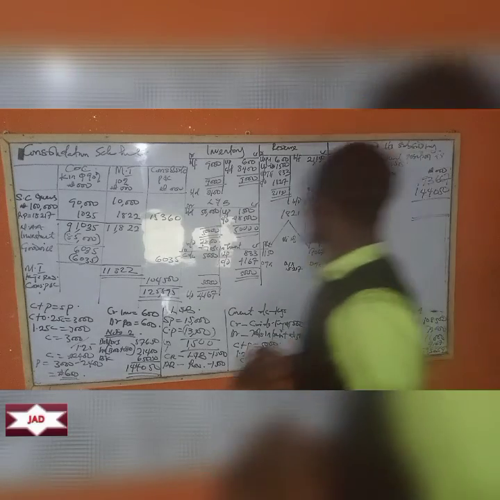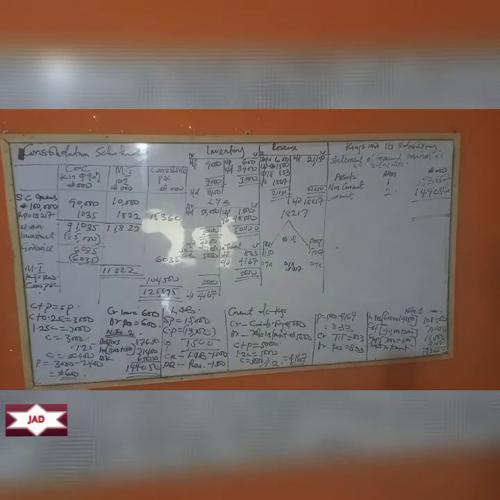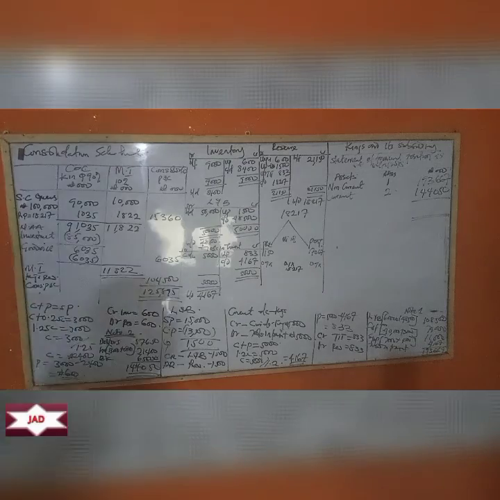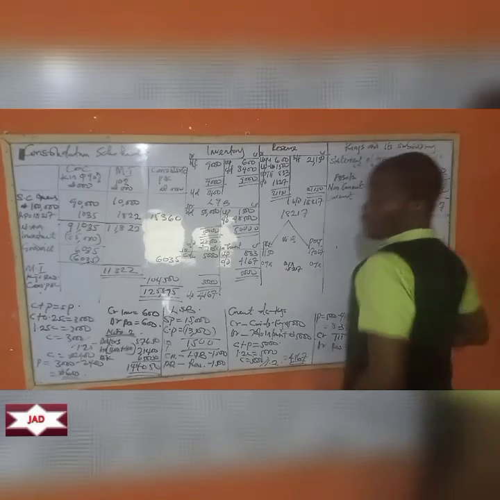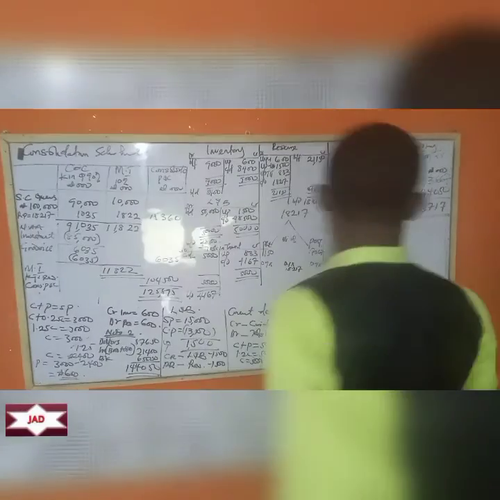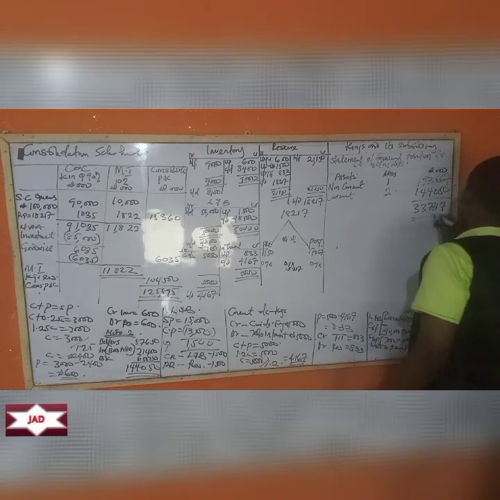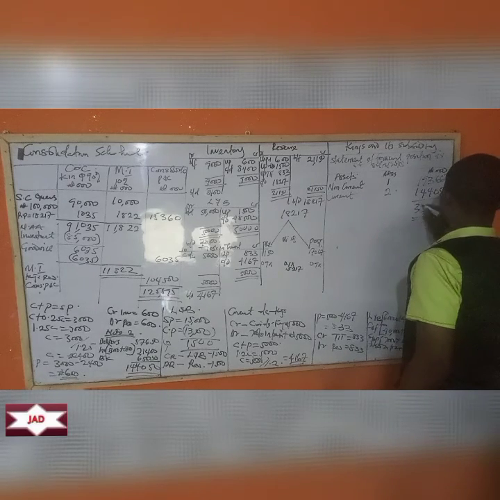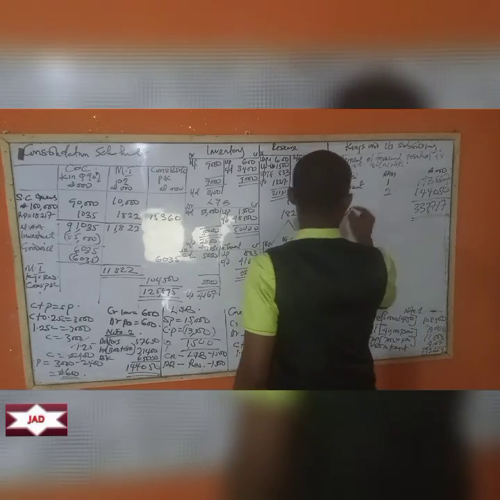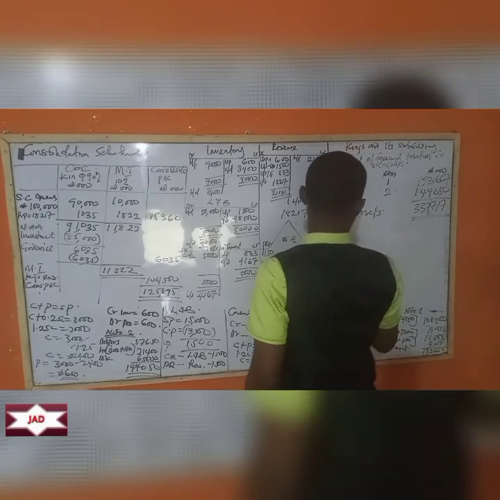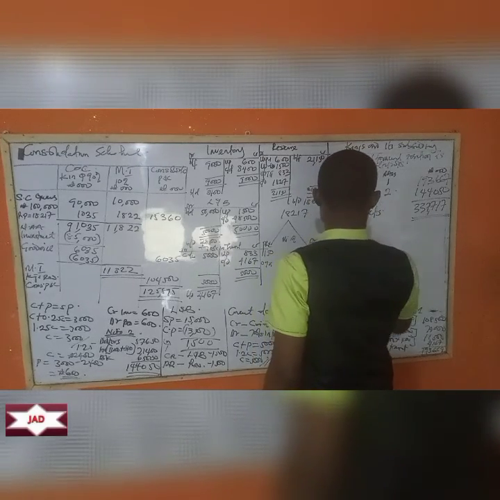We have 193667 plus 144050, which is 337717. So this is your total assets.